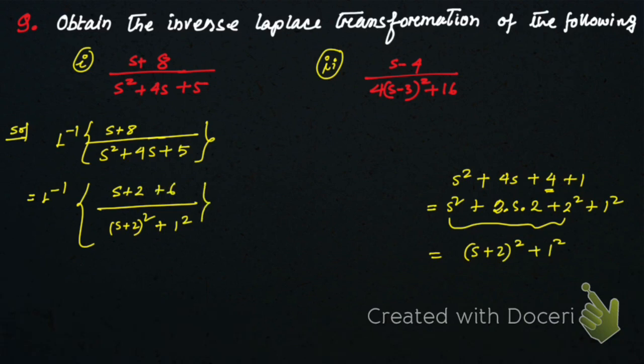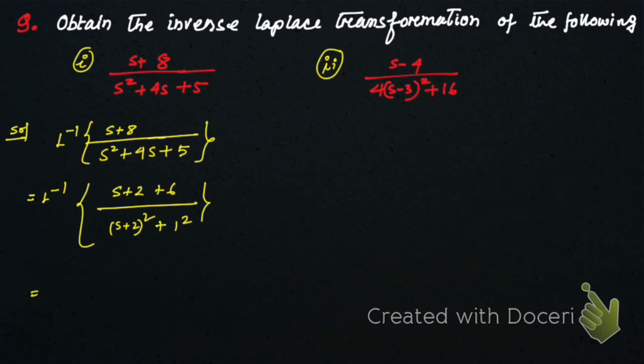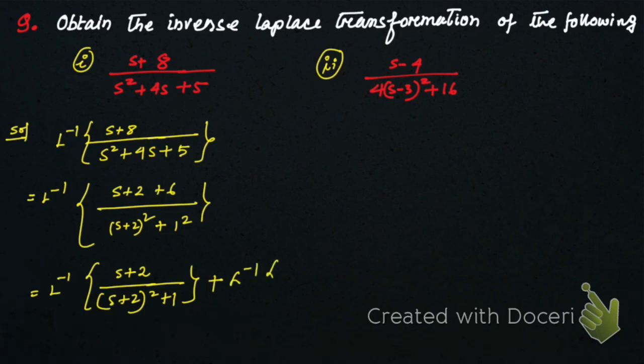So now we can write inverse Laplace transformation of s plus 2 by s plus 2 whole square plus 1, then plus again inverse Laplace transformation of 6 by s plus 2 whole square plus 1 square, right?